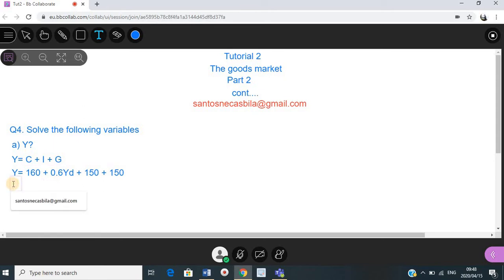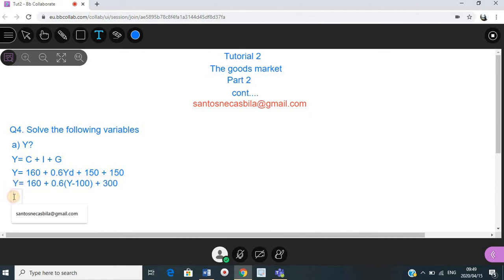So we just work it out the way it is. We'll say Y is equal to 160 plus 0.6 multiplying Y minus T. But since we already know the value of T, we'll just plug it in, right? 100 plus, let me say, 300.